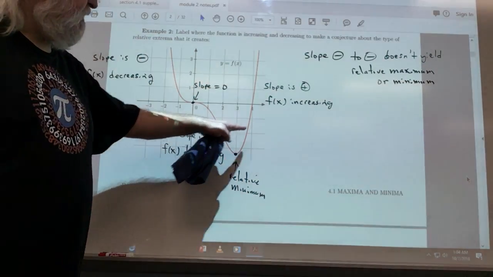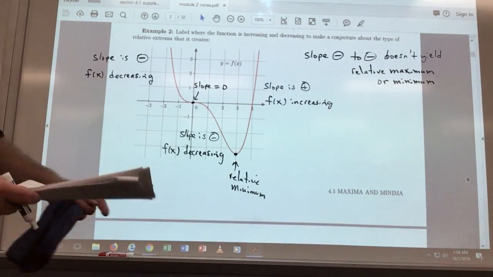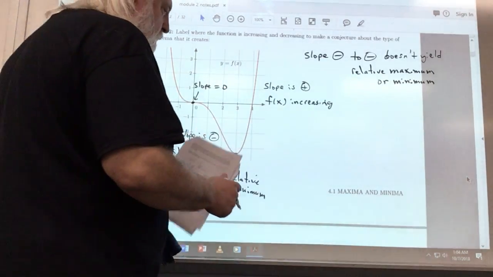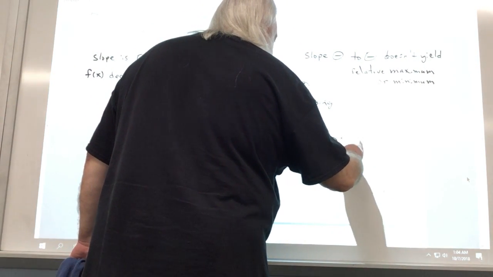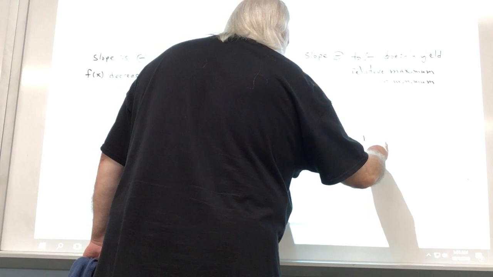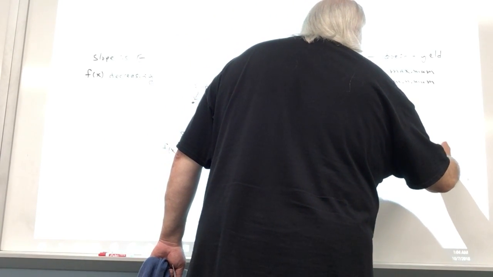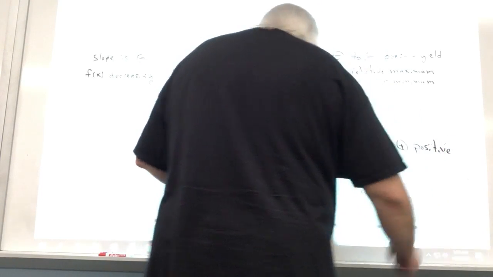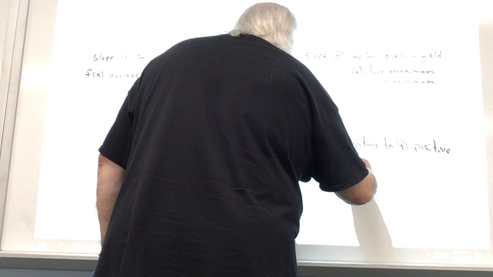There has to be a change in the sign of the slope from one side to the other. And we know from over here, slope going from negative to positive yields the relative minimum.